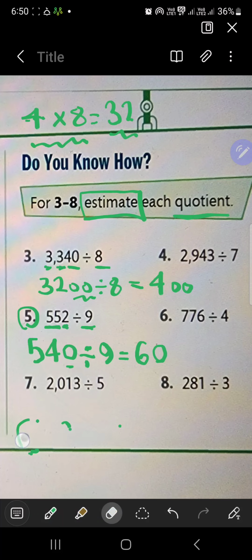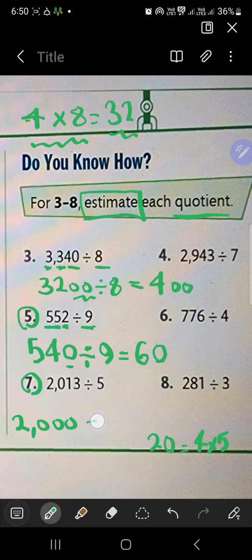Why don't we have another example? Example 7. Here, 2013 divided by 5, and this is so obvious using the fact that 20 equals 4 times 5. So I'm going to make this number just 2000.